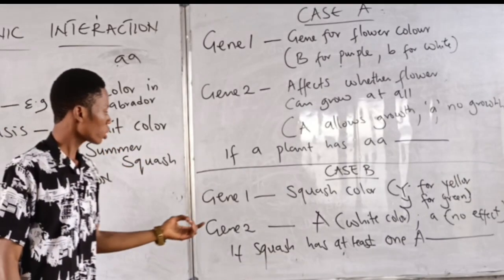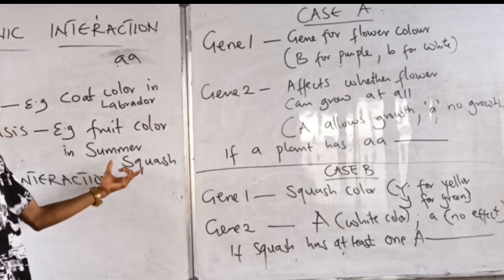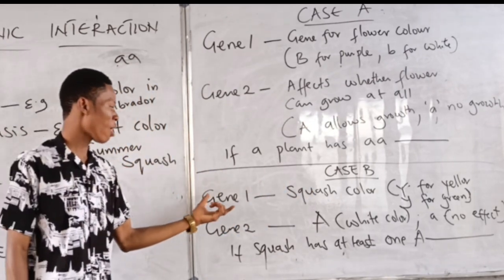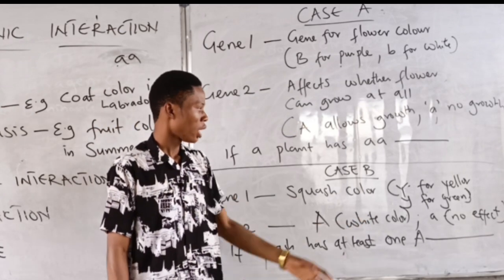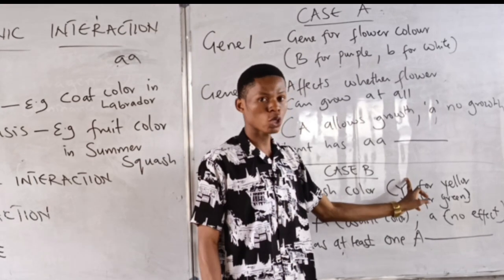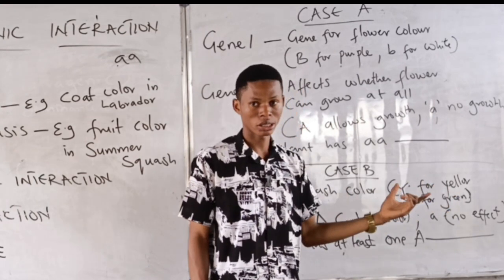Alright, now in dominant epistasis, let's look at case 2. Fruit color. Summer squash plants have one gene that codes for the color. Capital Y is for yellow, while small y is for green.